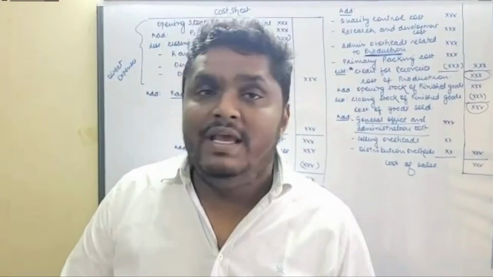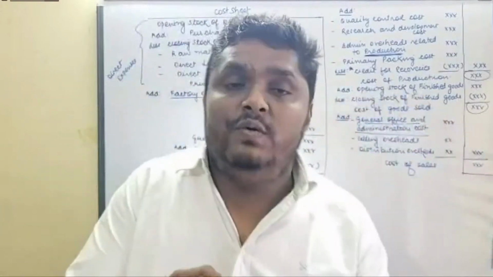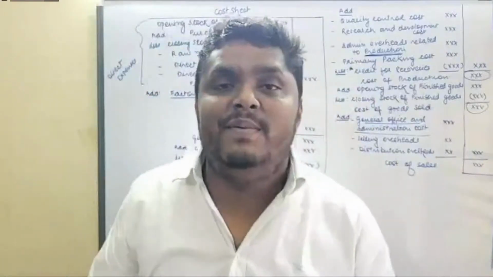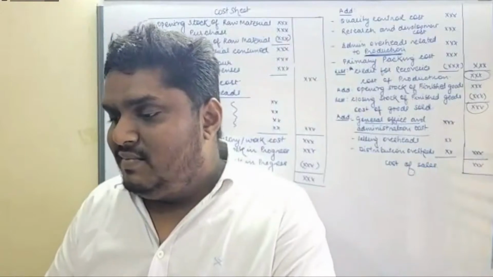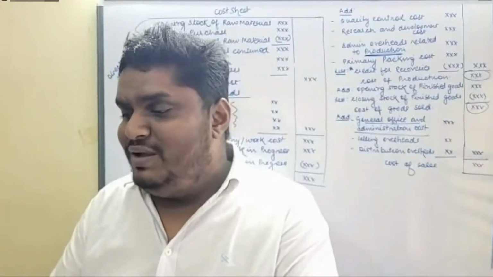Salary and wages: if salary and wages are given, it will form part of office overheads. But if wages and salaries are given, it will form part of direct labor cost. The same concept is taught in grade 11 also.